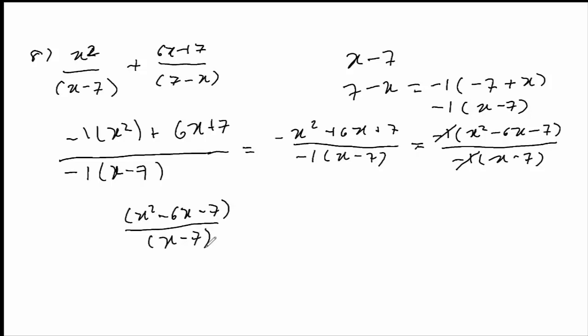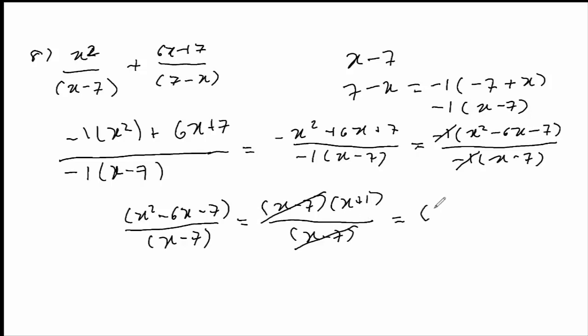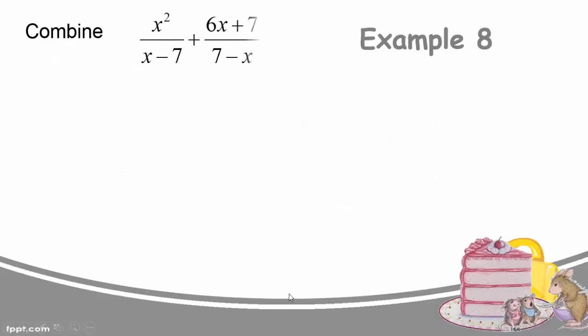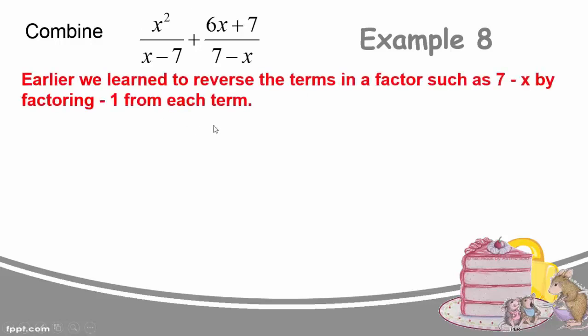So now we want to factor the top, and when we factor it, we get x minus 7 times x plus 1, all over x minus 7, and all we have to do is cancel those out, and now we're left with x plus 1, which is our final answer. So here I have example number 8 that now I'm going to show you how I do it on the PowerPoint, where I pretty much do the same thing because I realize that these two are opposites.